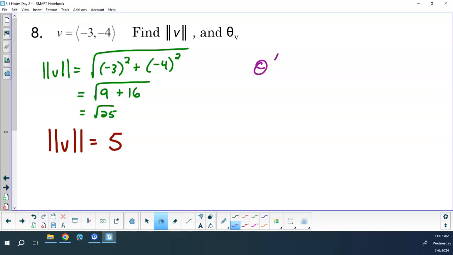We are not in quadrant number 1, so therefore it's a theta prime, a reference angle. That's going to be the inverse tangent of 4/3. We're going to drop both negatives on that one.